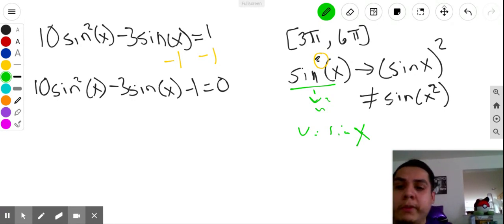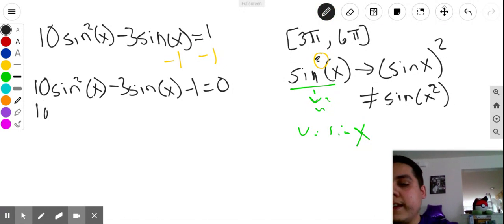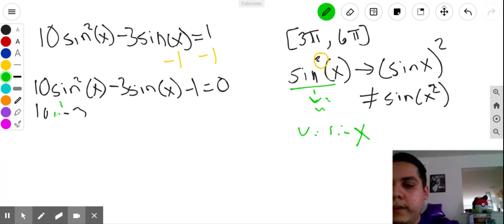So this problem would actually read as 10 u squared minus 3 u minus 1 equals 0.